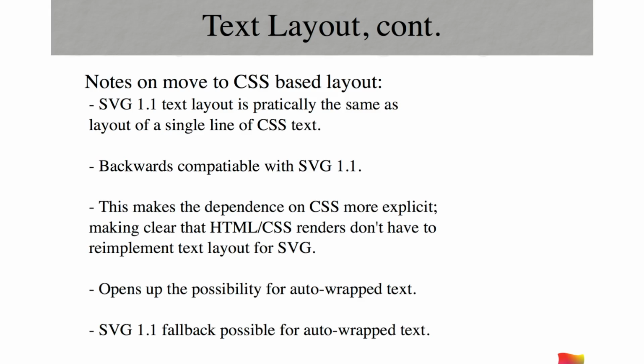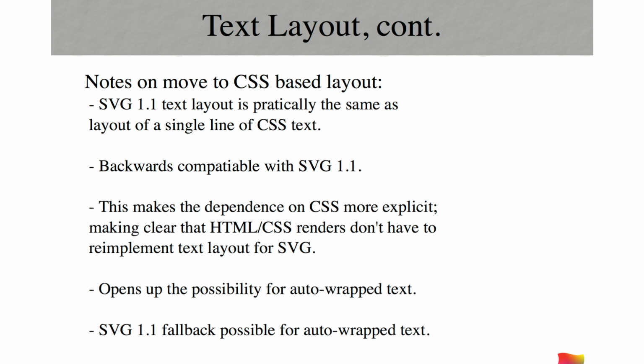So just a few notes about moving to CSS. SVG 1.1 text layout is practically the same as layout of a single line of CSS text. So there's really no reason to define text layout in SVG by itself. We can rely on these CSS modules for a lot of that.